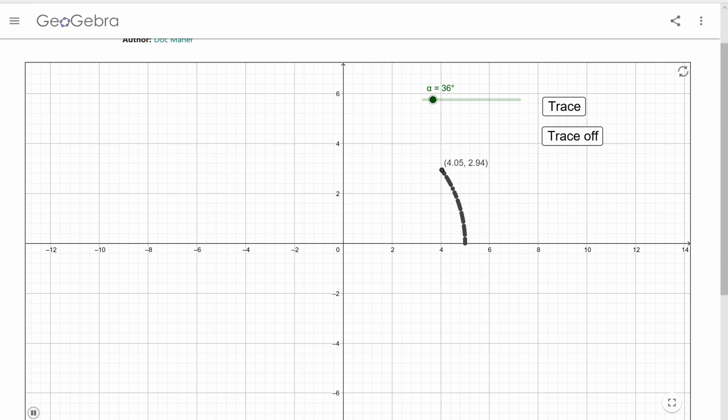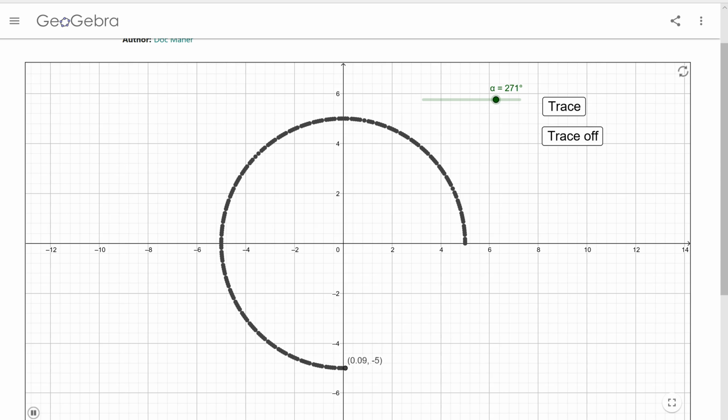And away we go. So we can see that as we work out those different parametric positions, 270, back to 360, and here we go backwards, and so on. So all of the varying x and y coordinates are obtained by just varying one parameter.